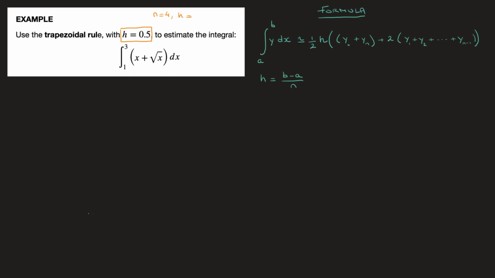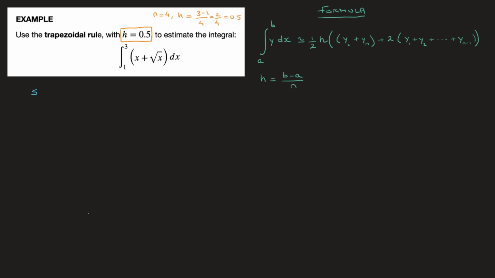So for the integral we have here with upper limit 3 and lower limit 1, alongside n equals 4, h, the step size, is 3 minus 1 over 4. That's equal to 2 over 4, which is equal to 0.5, which is exactly what we're given here. And so I simply wanted to start us off with that side step to show you a different way that I could have written the same question. Now let's really get started.